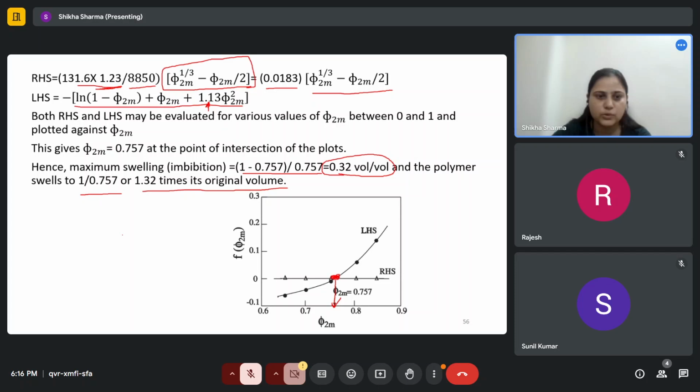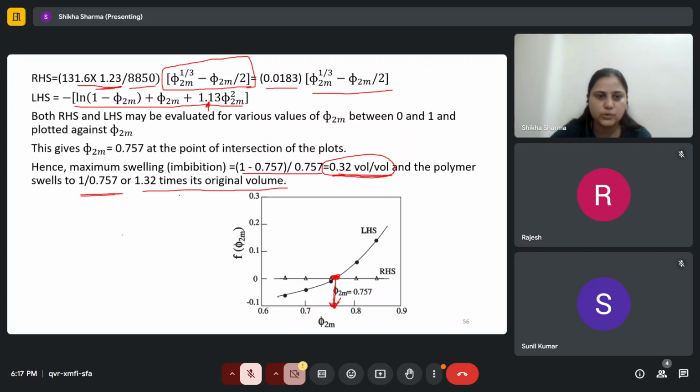So we calculate phi 2m at the swelling equilibrium from the graph, and we understood that the maximum swelling will be 0.3 volume per volume. The polymer is swollen to 1.32 times the original volume. So are you following the lecture? Are you solving this question? Yes.